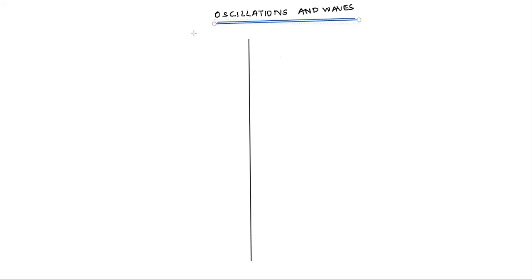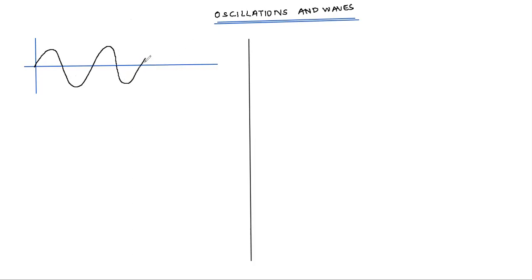Have a look. So, until yesterday, we learned that there is something called SHM or simple harmonic motion, which is nothing but a kind of sine or cos varying function, the displacement of which varies with time harmonically.